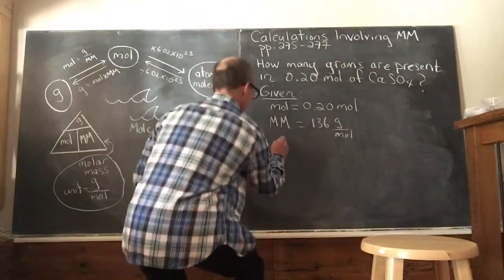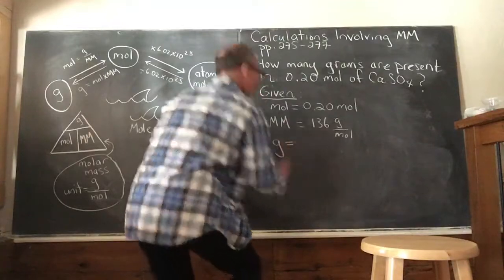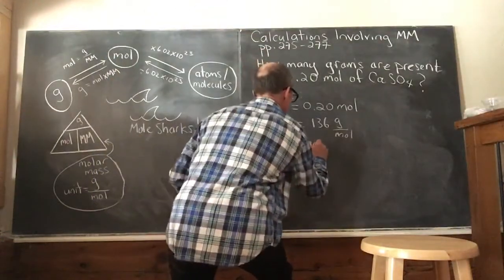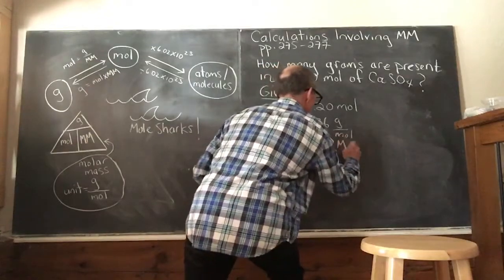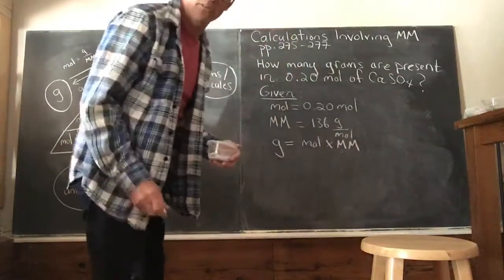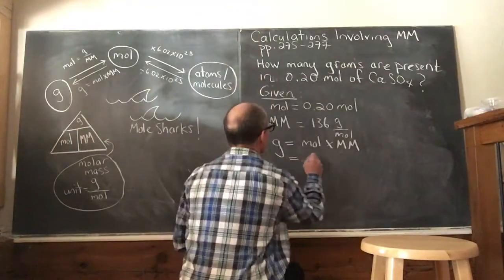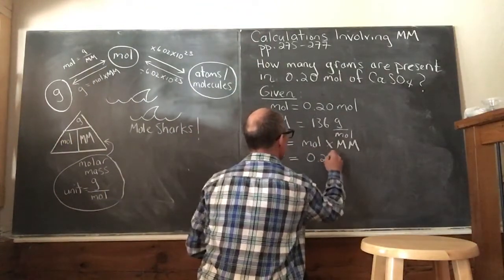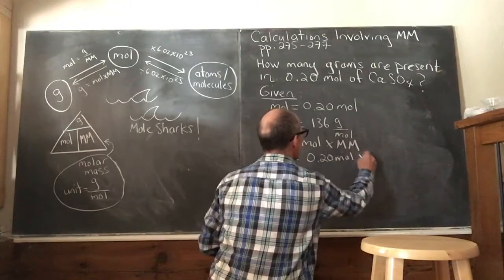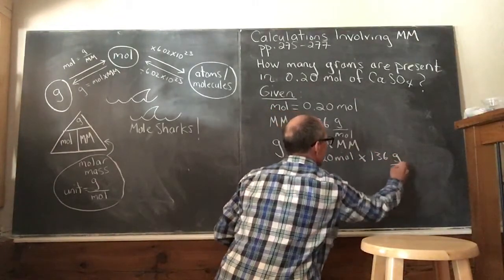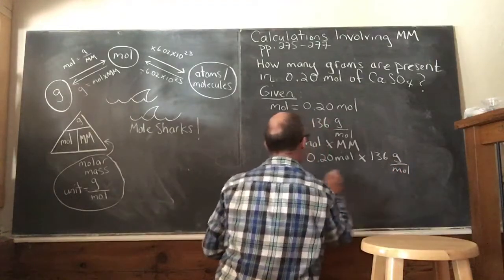Lastly, we can find our grams because we know that grams is equal to moles times molar mass. And we're almost done at this point. This will be equal to 0.2 moles times 136 grams per mole.